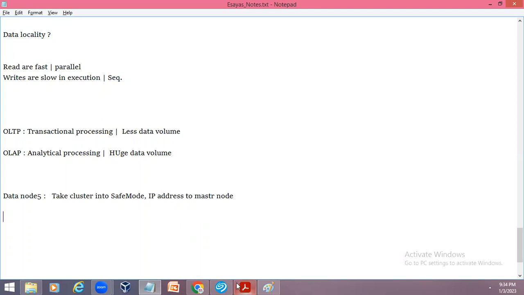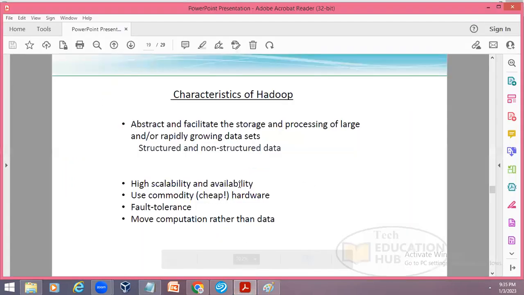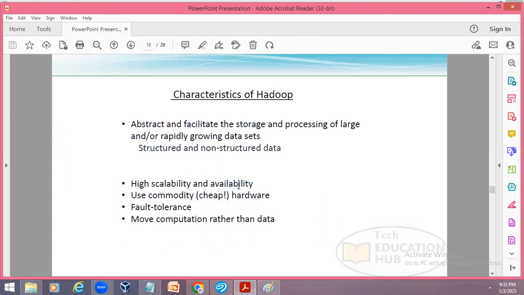Yes. Okay. Now availability: we are working across multiple geographical locations on a distributed cluster, so my data should be available all the time for every user. Next is commodity hardware.